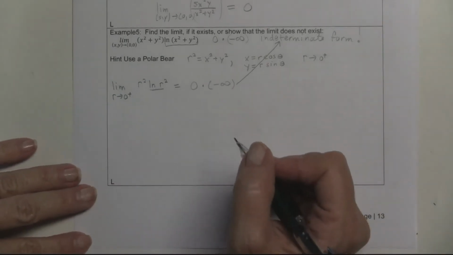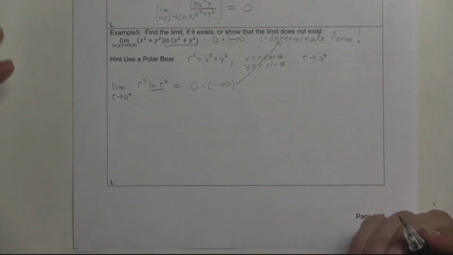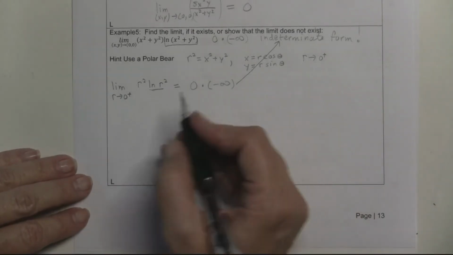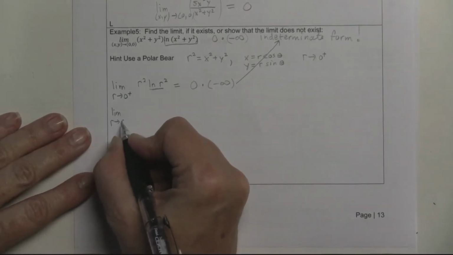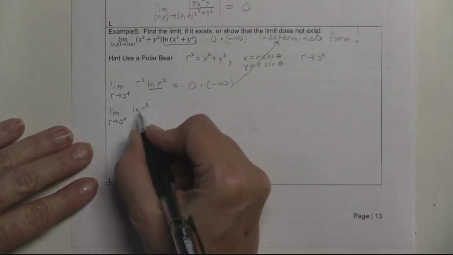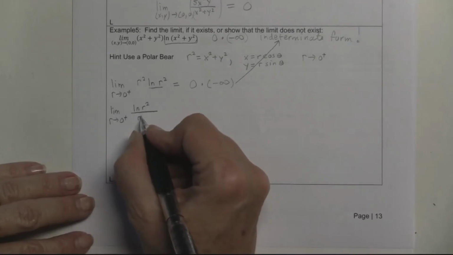So do you guys remember how you could manipulate this so that you can use L'Hopital's rule? Yeah, you can jam that in the denominator. So when I do that, we get the limit as r goes to 0 of natural log of r squared in the numerator, and in the denominator, r to the negative 2.